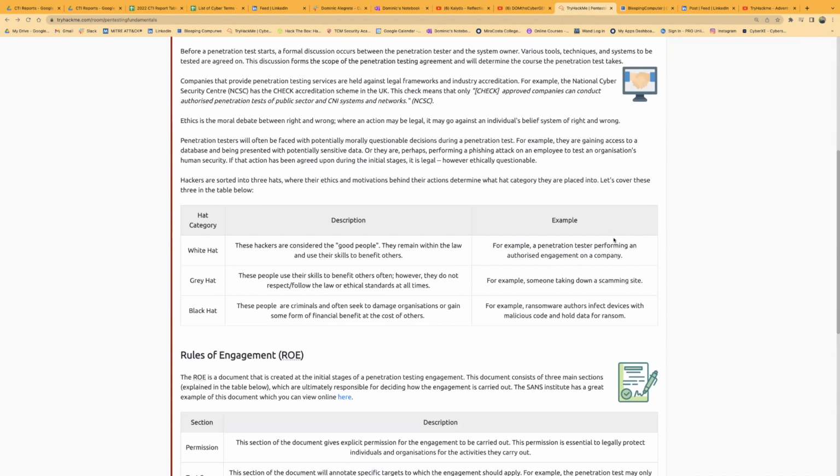And just to go into it a little bit more, ethics is a moral debate between right and wrong. An action may be legal and may still go against an individual's belief systems of right or wrong. That's what the ethics are behind penetration testing. If the two parties agree, then it's on.